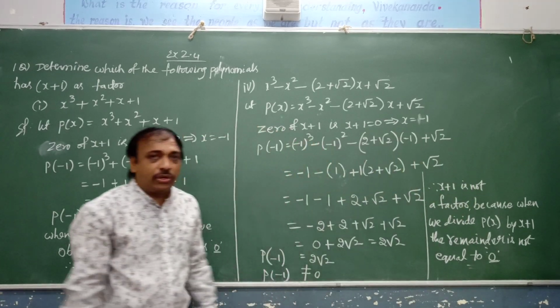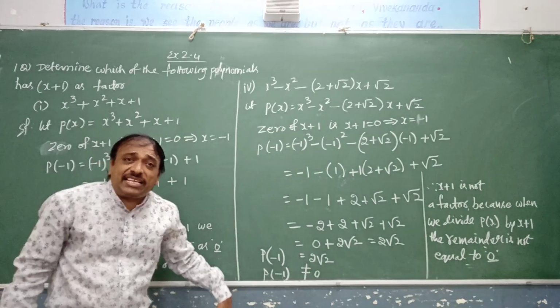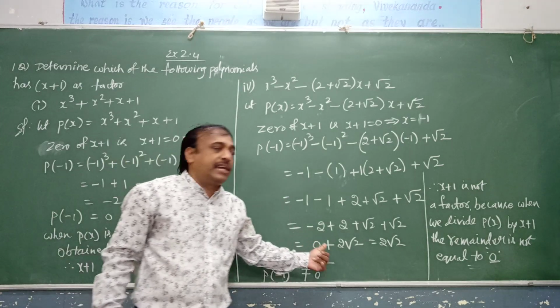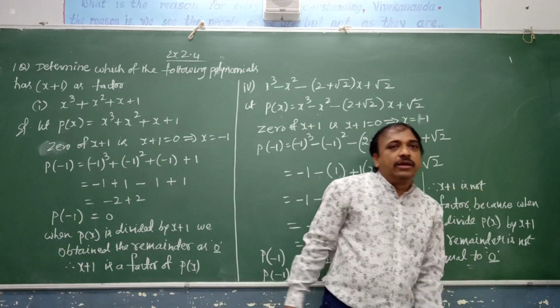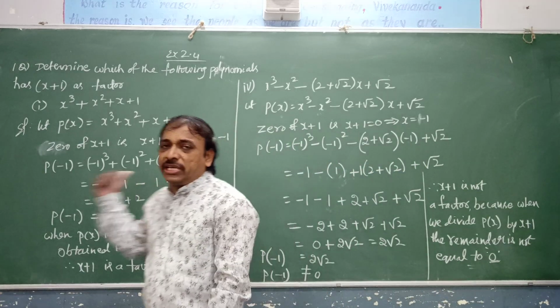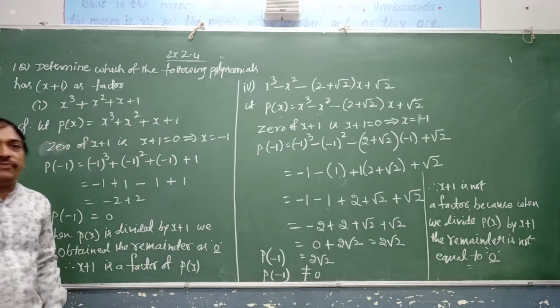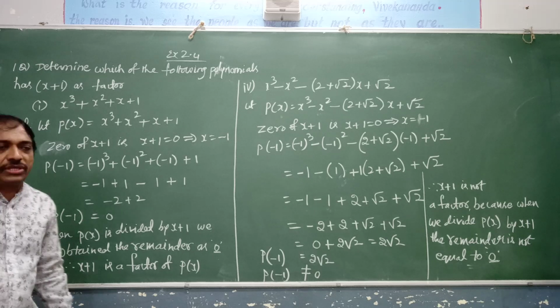If the remainder is equal to 0, then it is a factor. If the remainder is not equal to 0, then it will not be a factor. I hope you understood how to verify whether it is a factor or not.